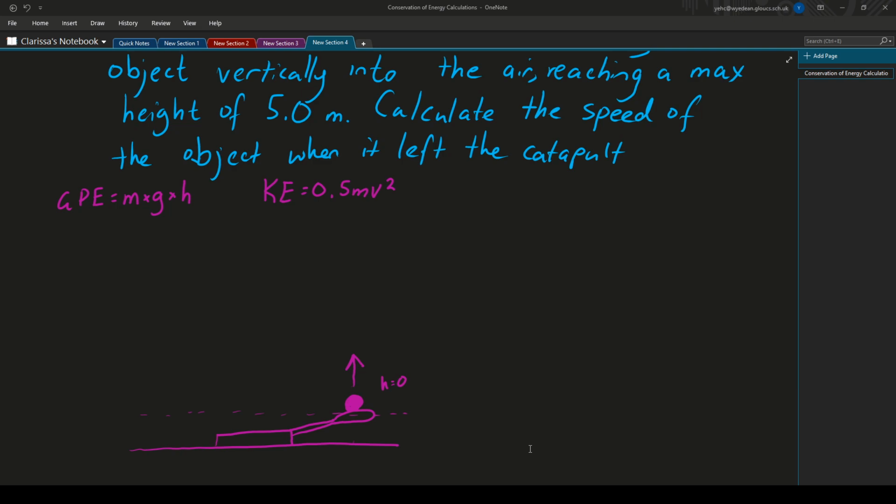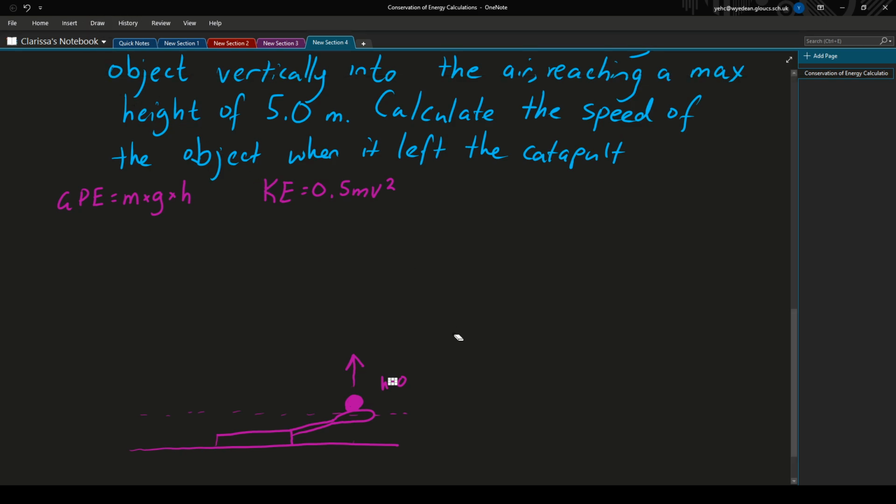I know it's cut off because I scrolled down, but the mass was 0.2 times gravitational field strength, which is 9.8, then times height, which is 0 because it's at the very, very start of its journey. Anything times 0 is going to be 0. At the very start, it actually has no gravitational potential energy, as Lauren said.